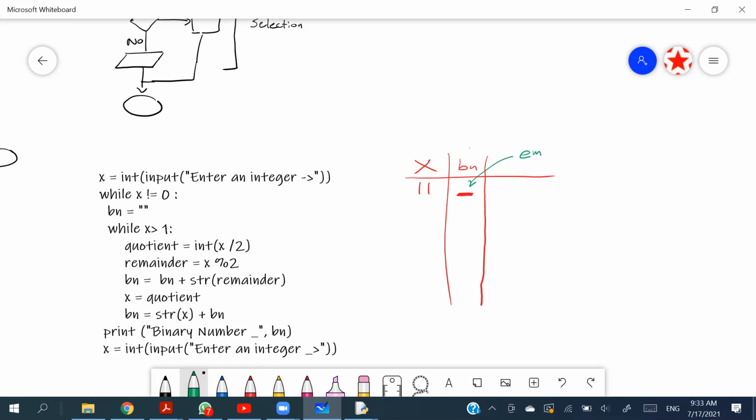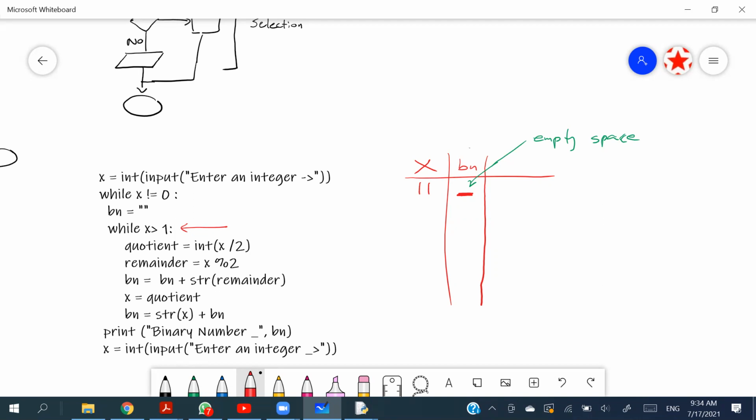So this is called the empty space, right? So then the next condition. So here it is asking whether while x is larger than 1. Yes, x is larger than 1 because it is 11. So it says quotient equals int x divided by 2, right?